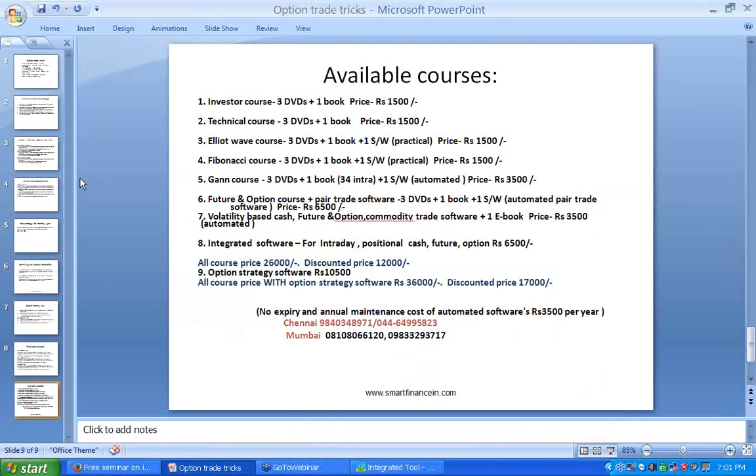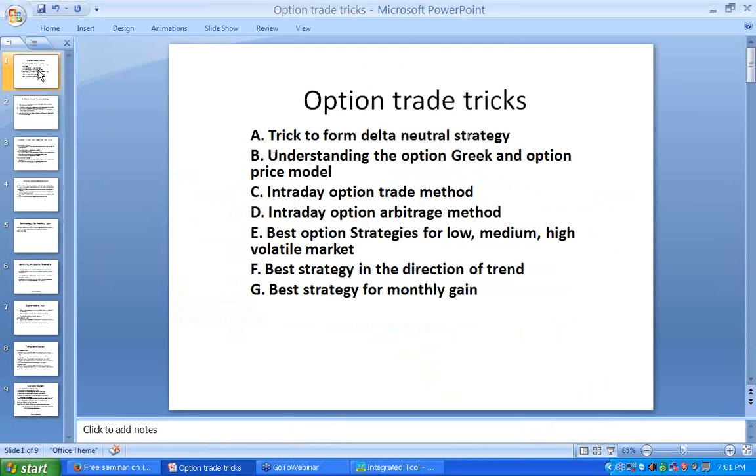So whenever we are forming the option strategy, there are many ways we can form it. We can make delta neutral whenever we are expecting that intrinsic value should reward us. That time we should form delta as neutral.